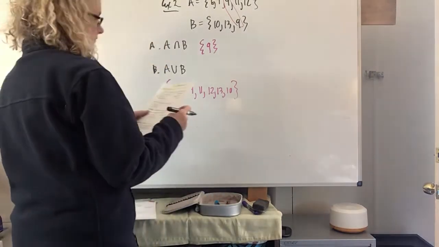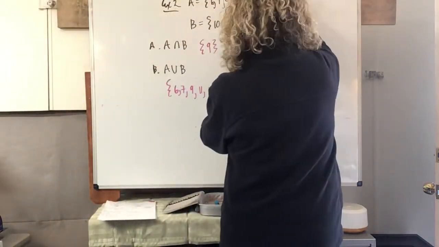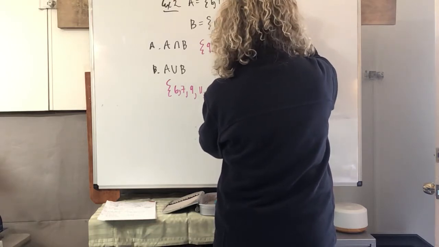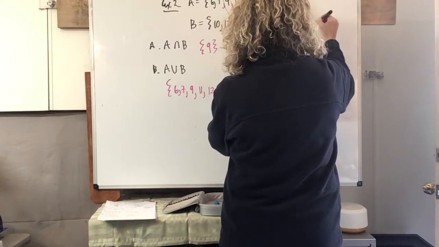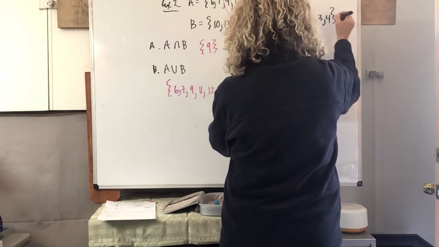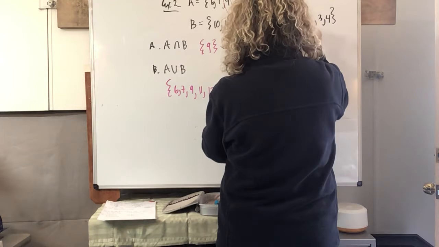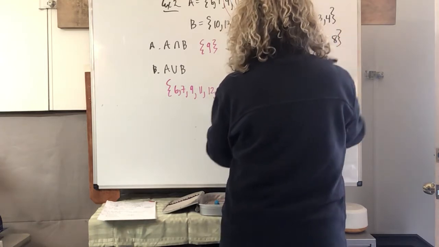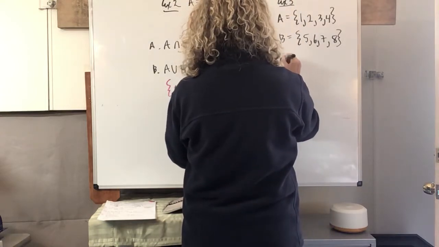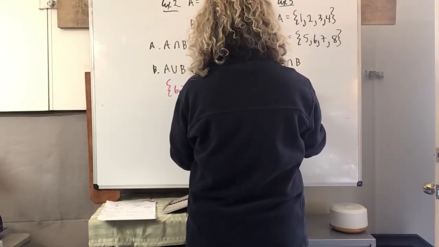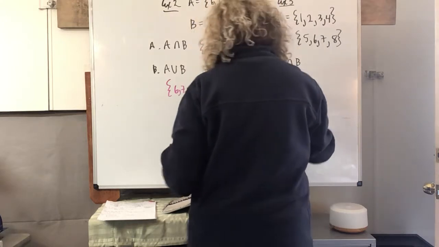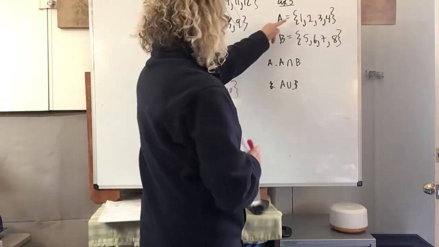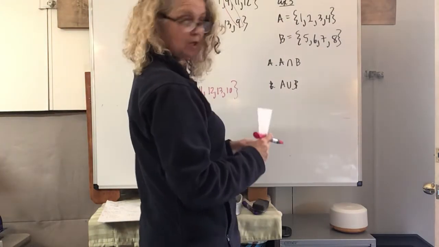For example 3, we have two different sets. Set A has 1, 2, 3, and 4. And for set B, we have 5, 6, 7, and 8. And I am asking you to find the intersection and the union. Looking at the intersection, you can see they don't have anything in common.